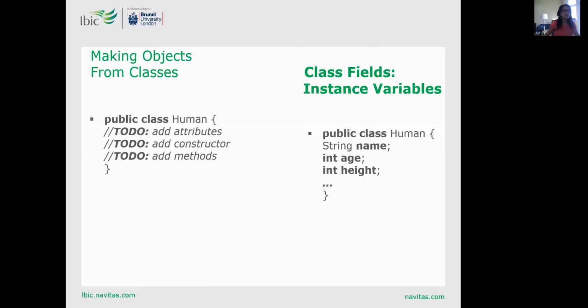Then we need to add a constructor, and we need to add methods or behaviors, the verbs that I mentioned earlier. So here you can see that we created a simple class.